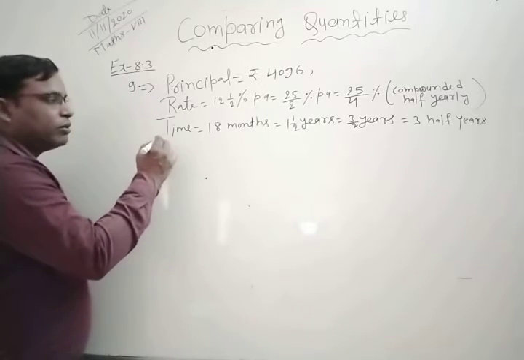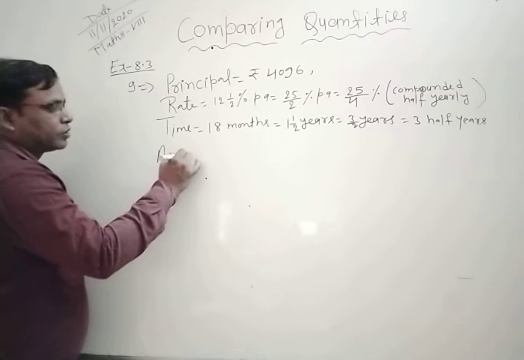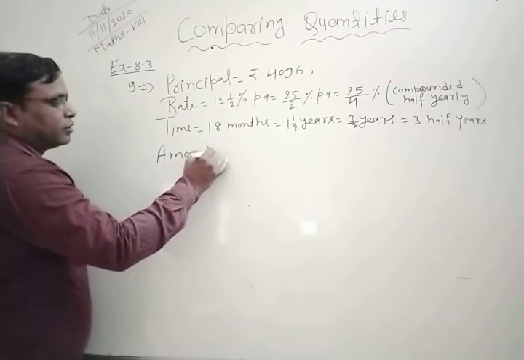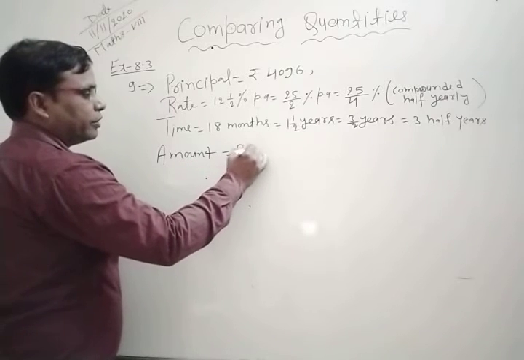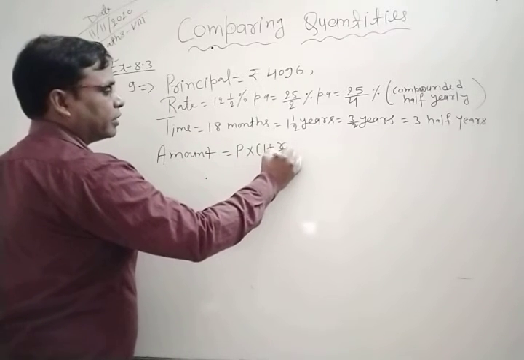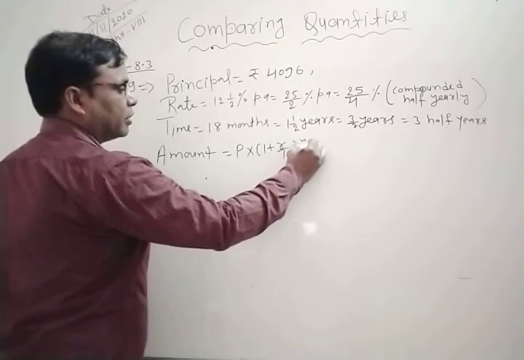So how can we find the amount? Amount is equal to principal into (1 plus r upon 100) power n.